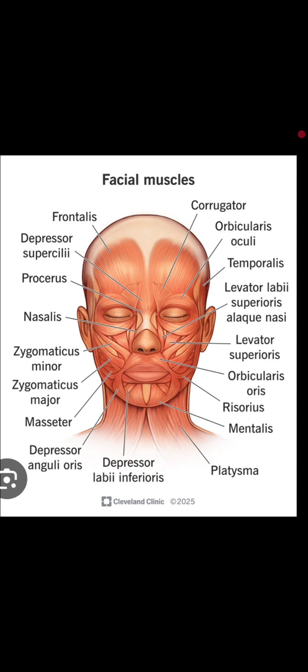Muscles of facial expression are the corrugator, the levator palpebrae superioris, the levator labii superioris alaeque nasi, levator labii superioris, depressor anguli oris, and depressor labii inferioris, also called quadratus.